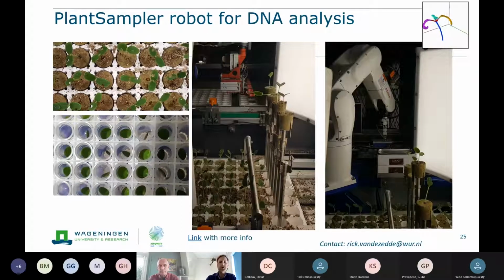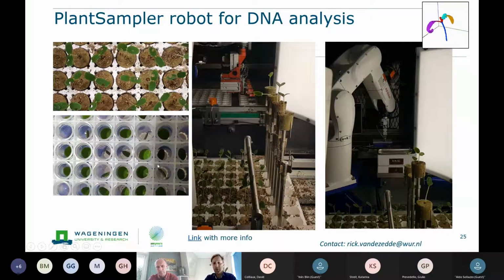Just to show you how fast it is, we have been implementing this for literally a decade. And with this multi-camera approach we generate a 3D model, which looks like this model on top. And as soon as the picture is made, a robot comes in and takes a leaf sample from one of the leaves that is best approachable.